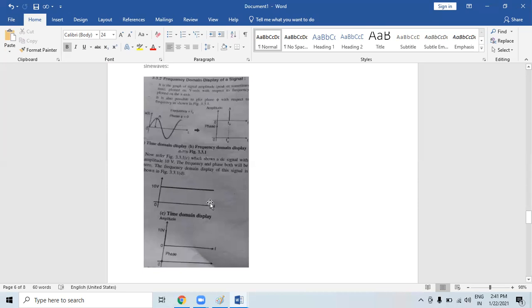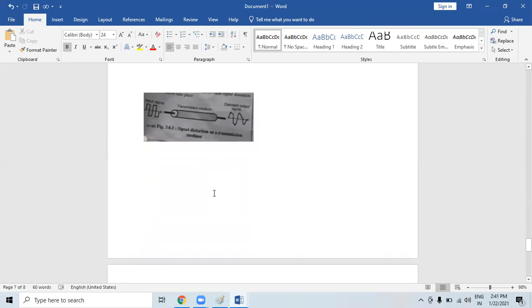Then the medium. The signal always travels over some medium from sender to destination. The medium can be a coaxial cable or optical fiber, and so on. The medium does not pass all frequencies equally due to its frequency spectrum.